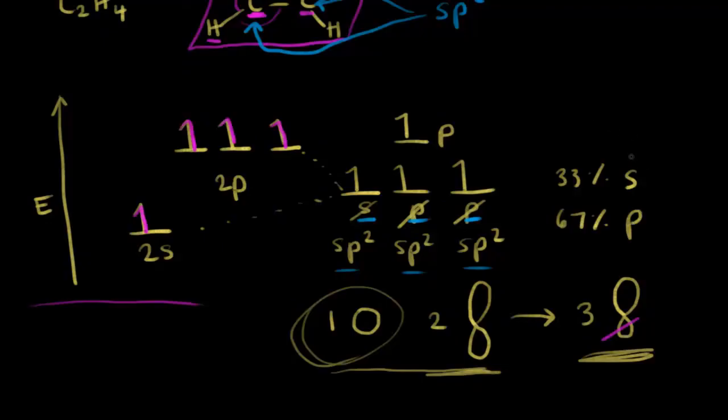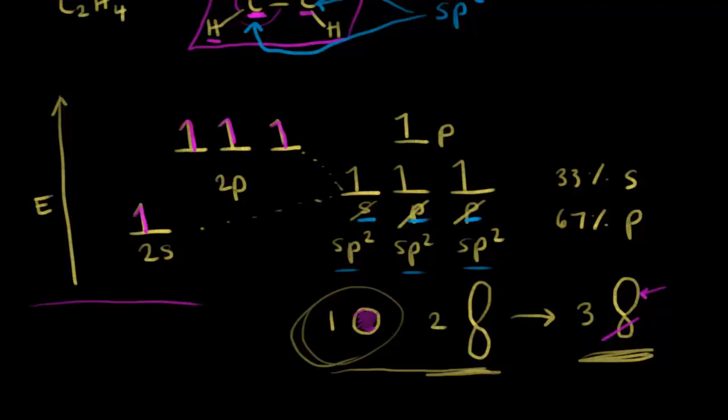So there's more s character in an sp² hybrid orbital than in an sp³ hybrid orbital. And since the electron density in an s orbital is closer to the nucleus, we can think about this lobe right here being a little bit shorter, with the electron density being closer to the nucleus. And that's going to have an effect on the length of the bonds that we're going to be forming.